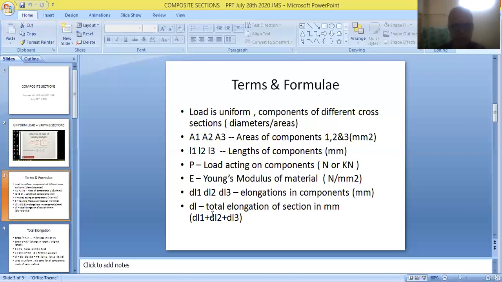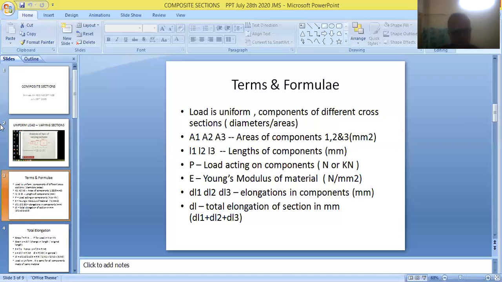Now friends, these elongations are measured in millimeters. So you measure the individual elongations in millimeters, add up all the values, and you get the total elongation, which will also be expressed in millimeters. So DL will in any case be equal to DL1 plus DL2 plus DL3.